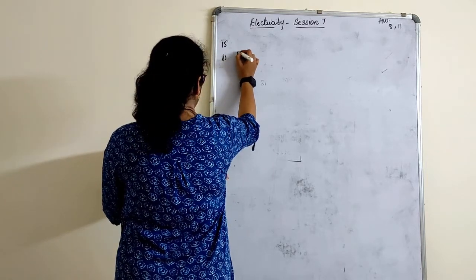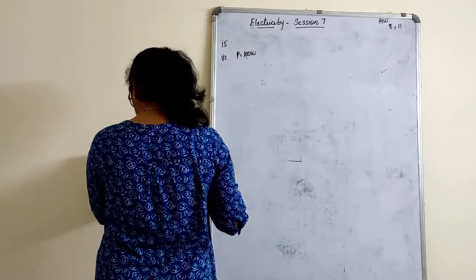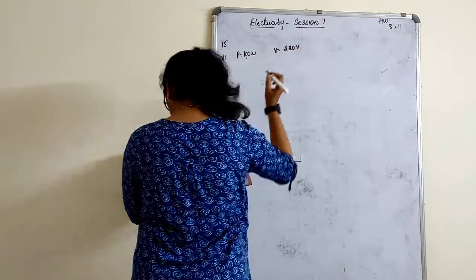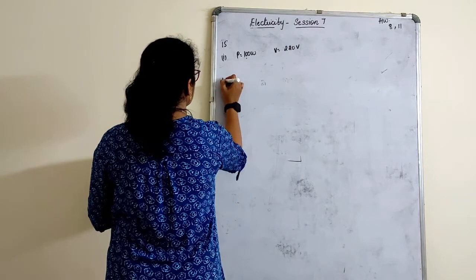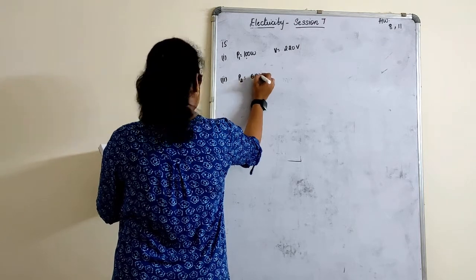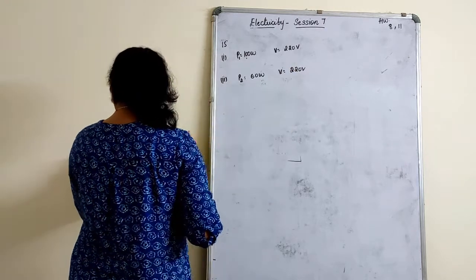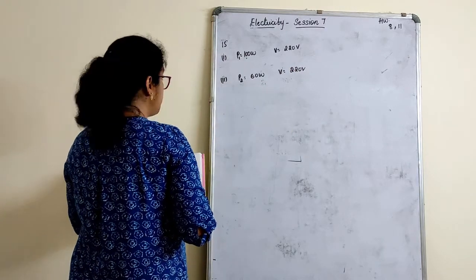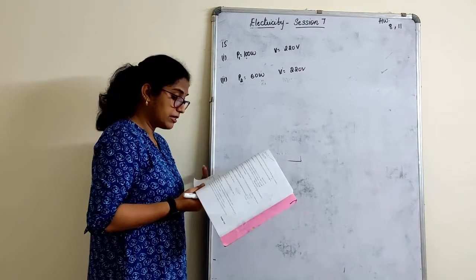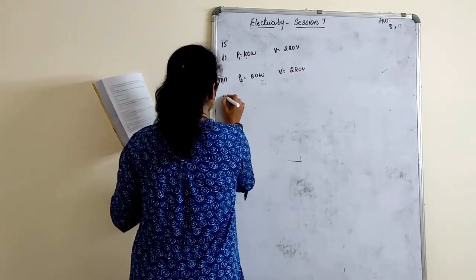One rated 100 watt, P is equal to 100 watt at 220 volts, this is P1, and another, this is P2, 60 watt at 220 volts, are connected in parallel to the electric main supply. So what is the current drawn from the line if the supply voltage is 220? They are connected in parallel. So what is the current drawn?